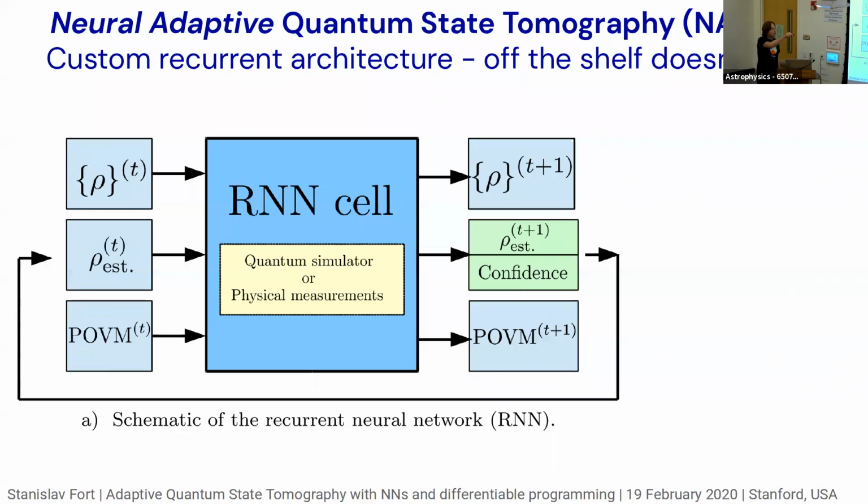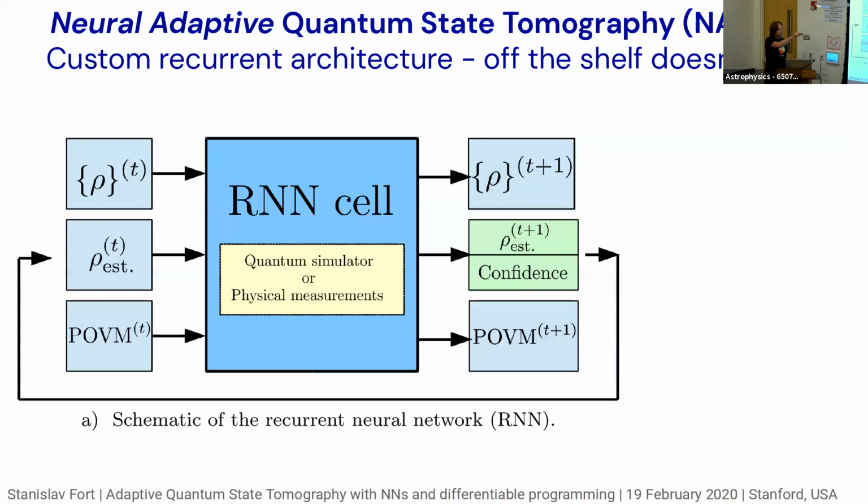And then within this RNN cell, there's either a quantum simulator, which is a backpropagatable TensorFlow implemented version of quantum mechanics that you can actually run on the fly, and then you can model how different density matrices would produce different distributions of outcomes, and you can use this to guide your search for the true state. Or it could be physical measurements by an experimentalist that at every step makes the measurement the system recommends, and then inserts what the answer was.